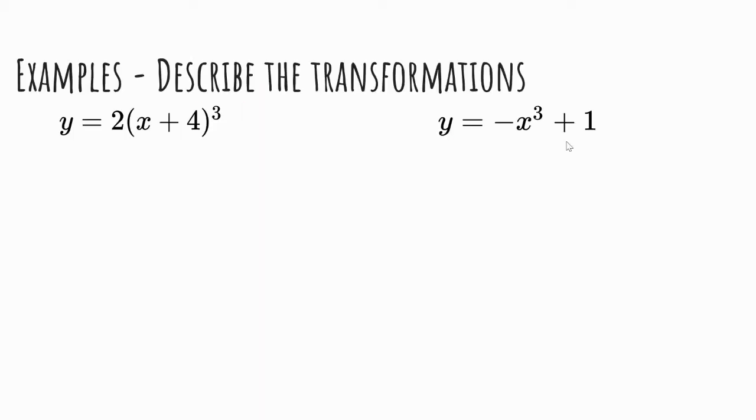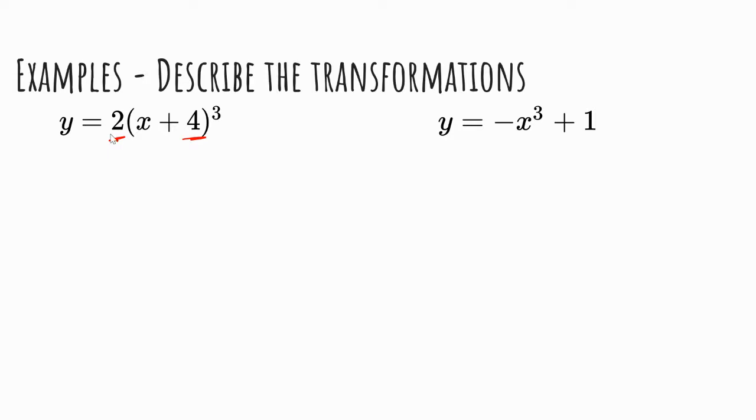Alrighty, so then we have some examples here. We have an a value and we have an h value. We can tell that it's an h value, not a k value, because h values are inside the parentheses or inside any kind of grouping symbols or the function. So for this function, the grouping symbols are parentheses. Since 4 is on the inside, that is an h value. So that 2 is an a value.